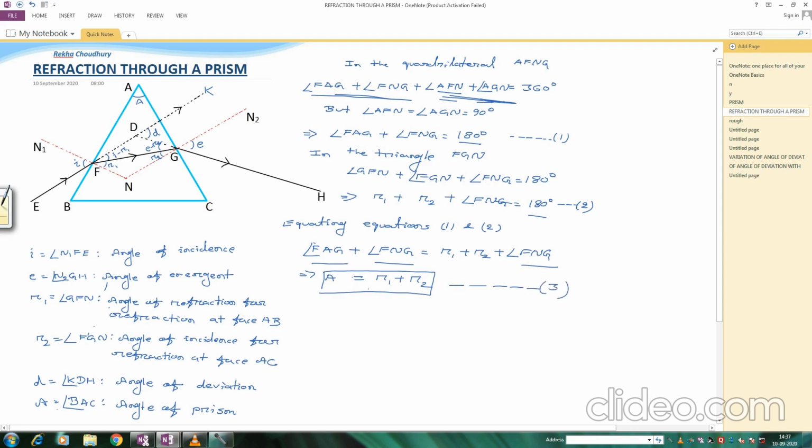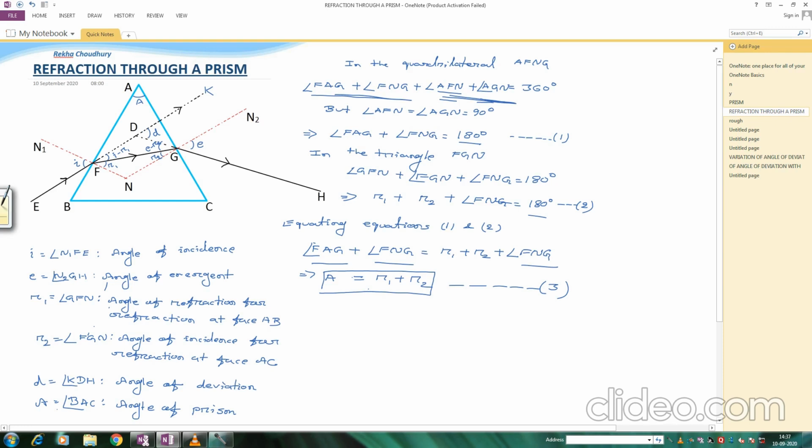Now see here again in the triangle DFG, small d is the external angle, and I minus R1 and E minus R2 are the internal angles.